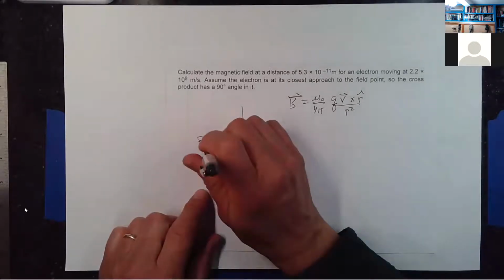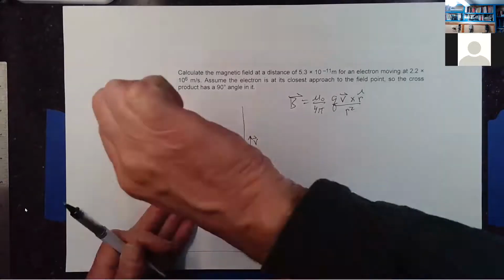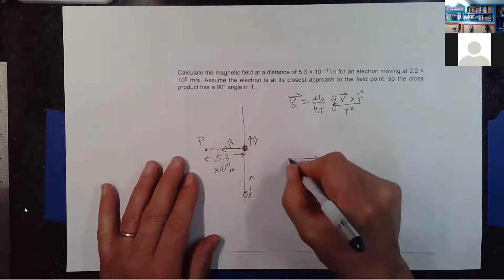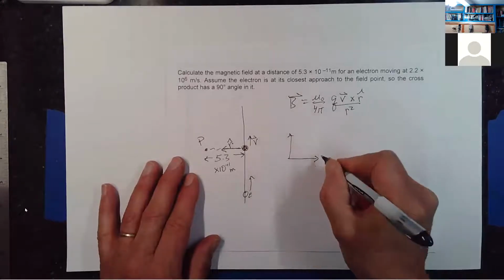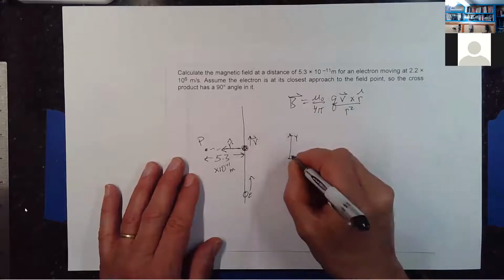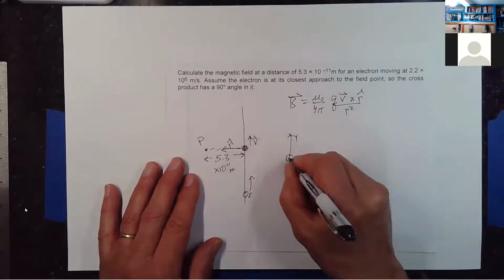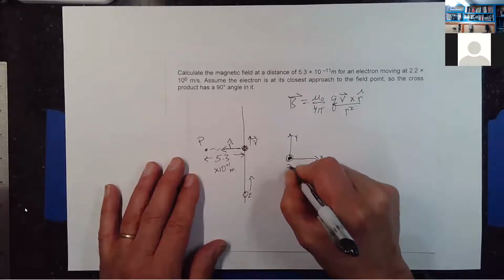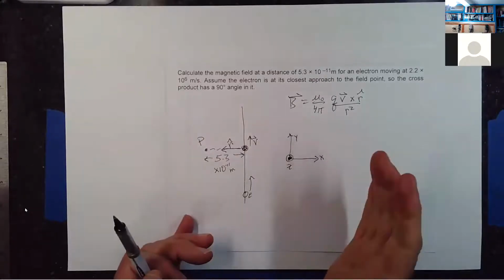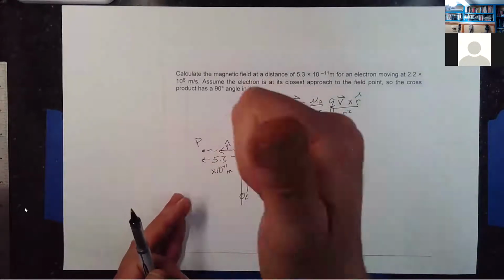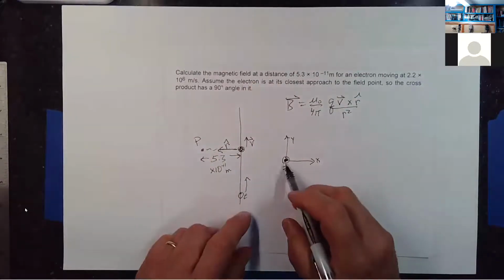So we know the direction of the magnetic field. It's going to be in that direction. And if I make a coordinate system here, x, y that way, and z would be coming out of the page at us. I hat cross J hat is equal to K hat. So that's why we have that.